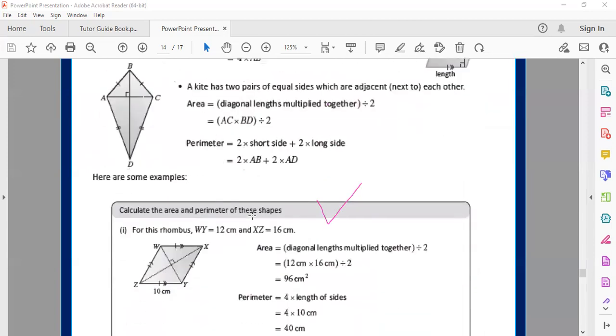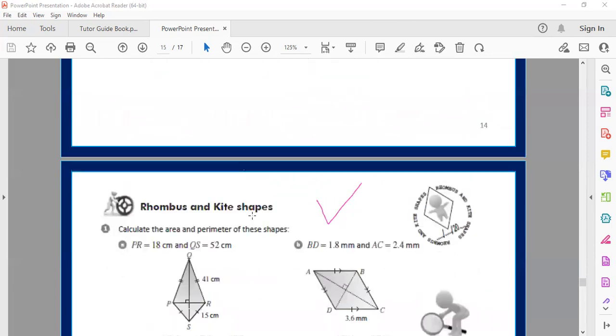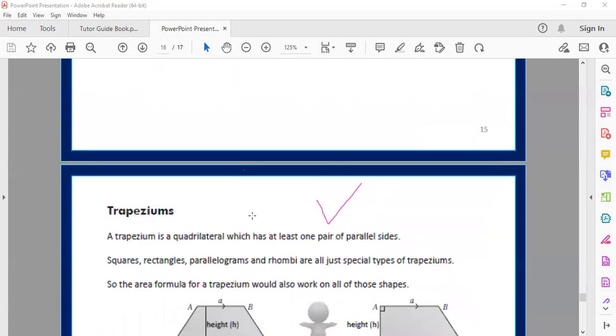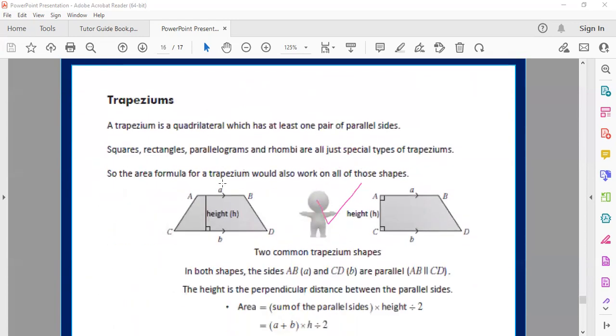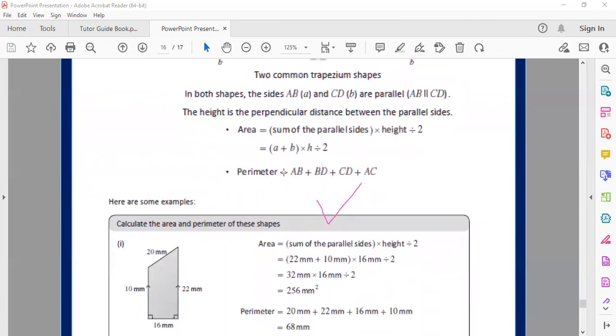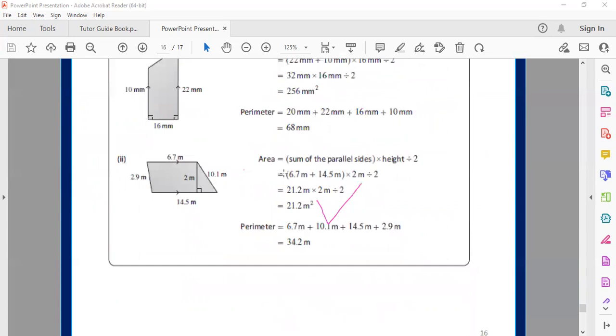Okay, there are just some simple examples. It's not difficult. So how to find rhombus, how to find kite. And then trapeziums. You come to trapeziums. How to find area, how to find perimeter. It's not difficult, honestly. It's the same knowledge being applied in many different shapes. That's all.